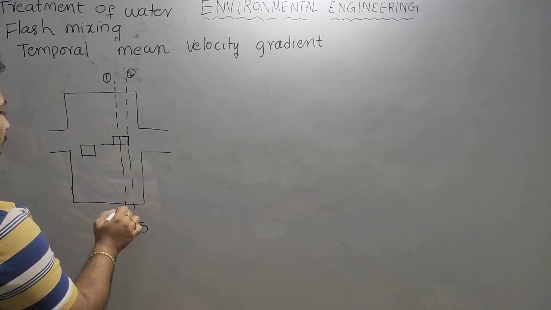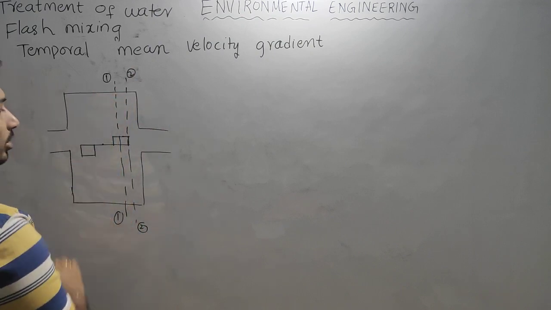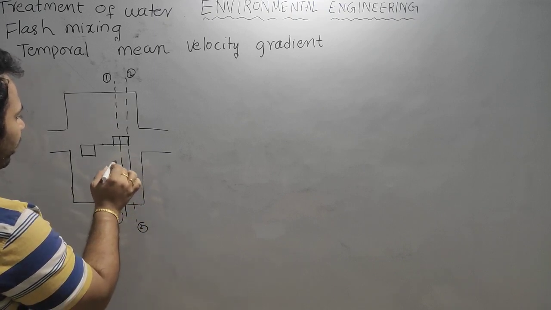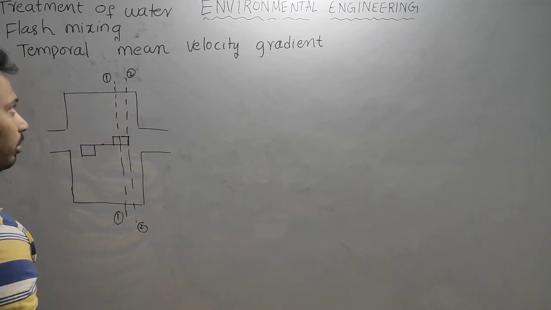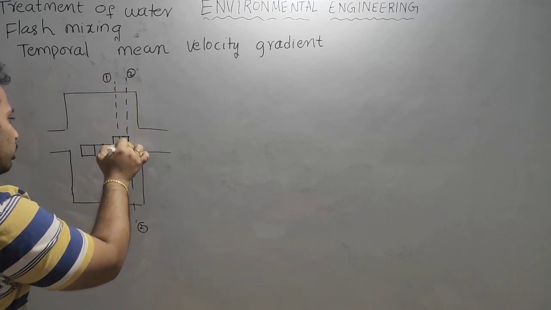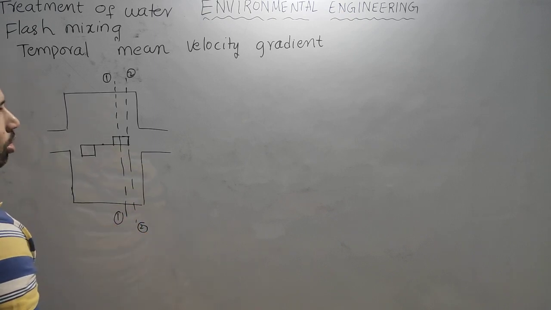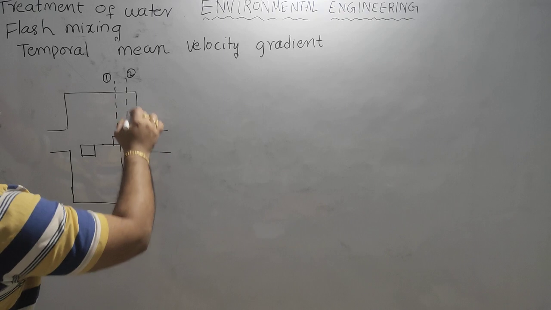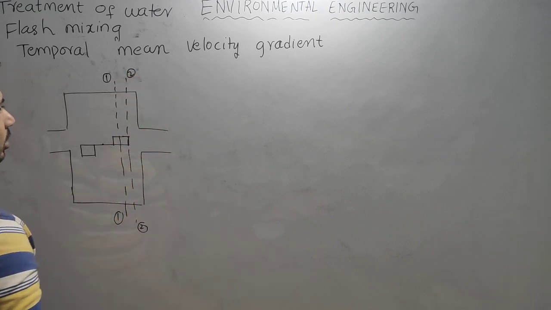So the velocity at different points on the axis varies. The velocity of particle at different locations on this axis will vary. So if I take a mean velocity of all the values present on this axis, that is called mean velocity of 1, 1 axis. Similarly, I will take a mean velocity of 2, 2 axis.